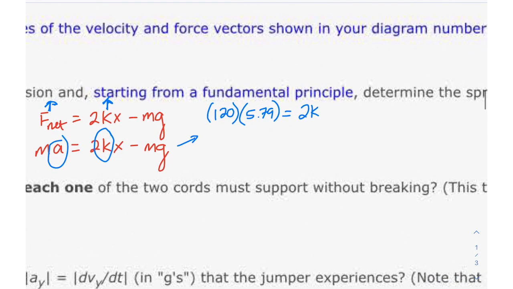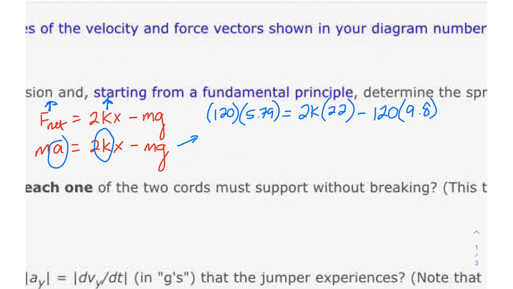And remember, it's displacement from equilibrium, so it doesn't include the total 35 meters below that platform. It's only going to be the stretch, which is 22, minus mg.